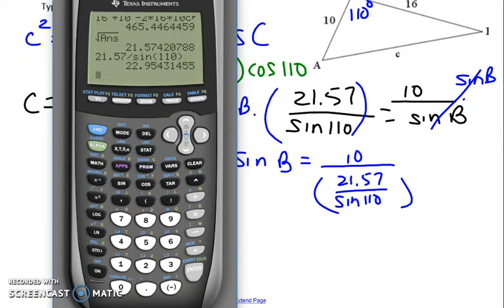Then take 10 divided by that answer. That gives you a value. To find B, we take the inverse sine, second sine, of our answer. And it gives me that angle B is 25.83.